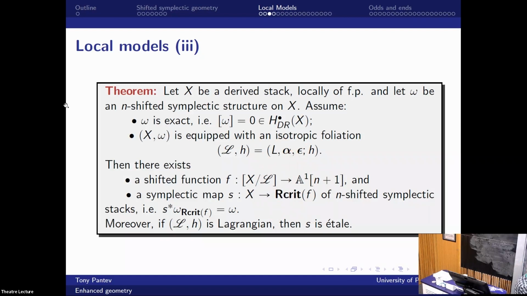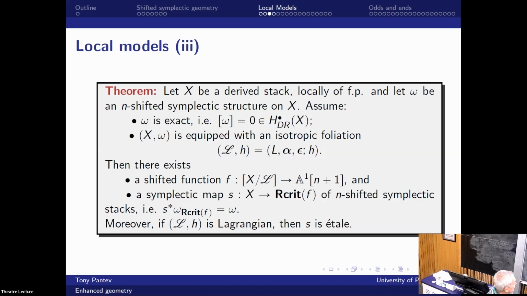But you'll see, I'll show you an example. But yeah, so this is the statement. The statement is that if you want to have local potentials, up to maybe some étale base change, then you just need a Lagrangian foliation, and it's even if and only if.